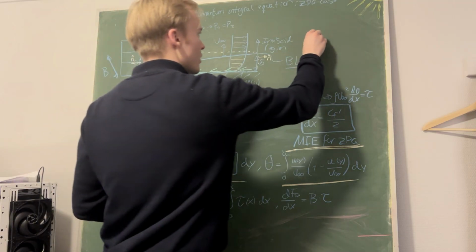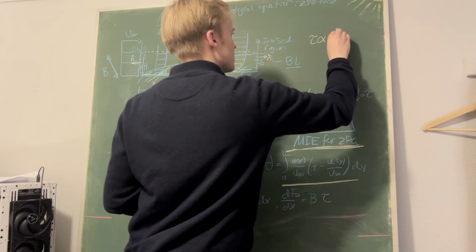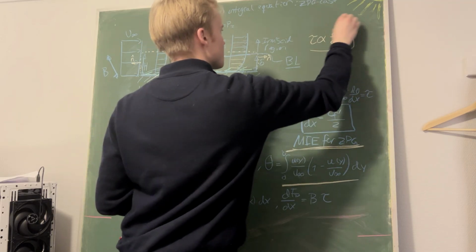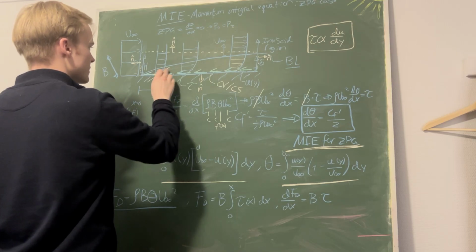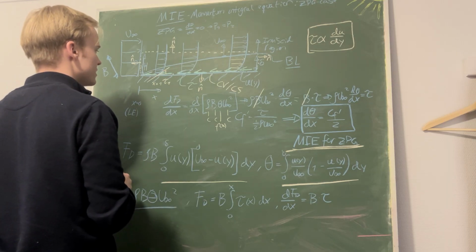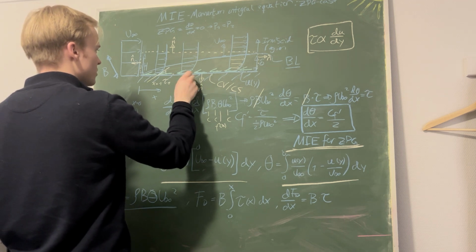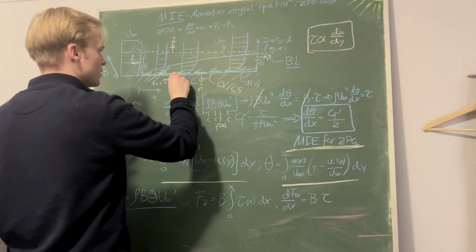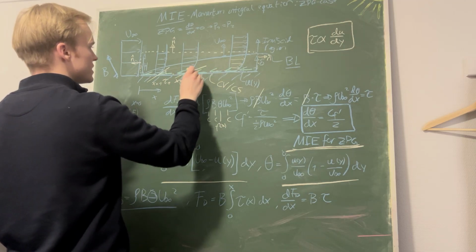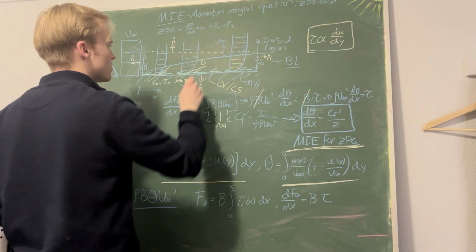We remember that tau is proportional to du/dy. So if we call this tau 1 at this given position x equals 1, then at some other position x equals 2, we have an even steeper gradient like that. So then we have tau 2.